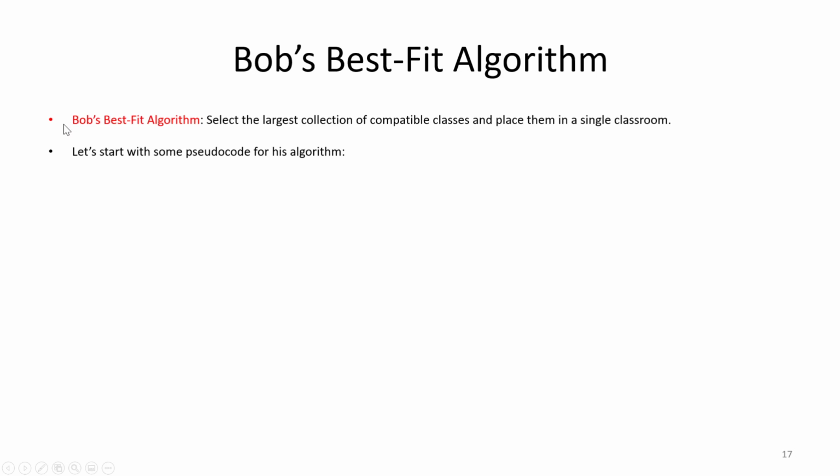So we want to look at Bob's best fit algorithm for scheduling classes, and as I mentioned, the scheduling classes problem is trying to schedule non-overlapping classes to classrooms so that we can minimize the number of classrooms that we use.